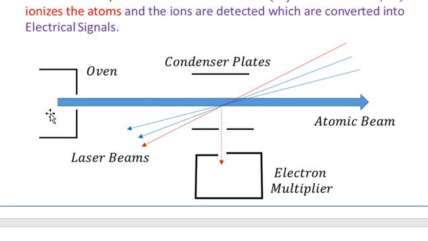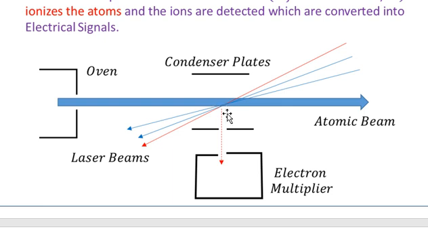You can see that an atomic beam is coming out from an oven and is being illuminated in the present figure by three different lasers. So three different lasers are used to illuminate or to excite the atomic beam.